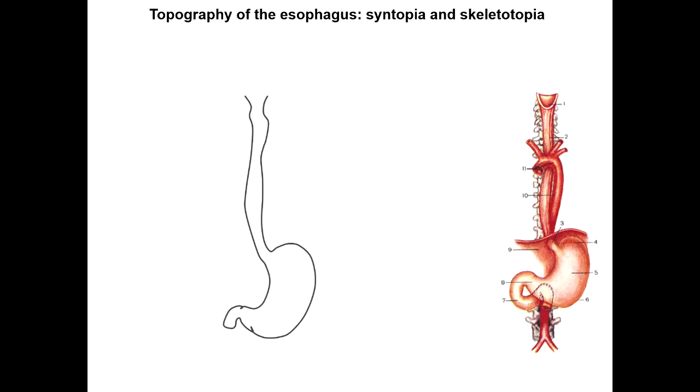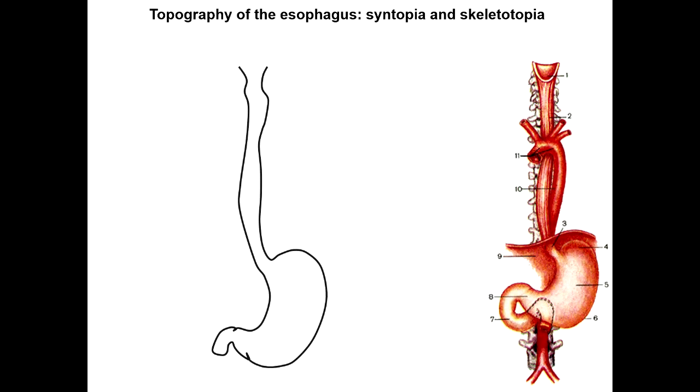So if we speak about syntopy, first of all we need to look at syntopy at different levels according to the parts of the spine. So this is the borderline between the cervical and thoracic parts of the esophagus.